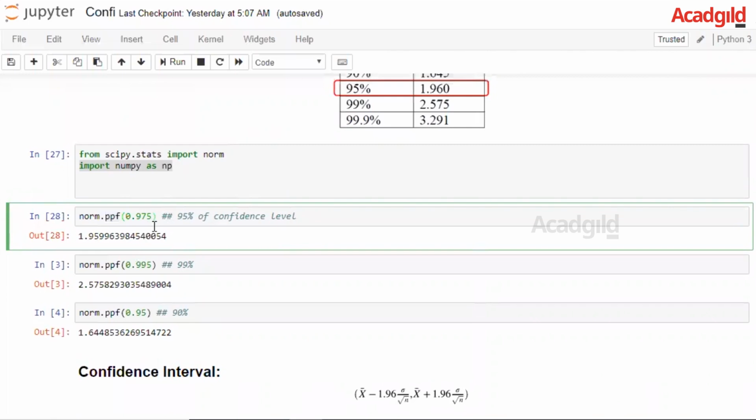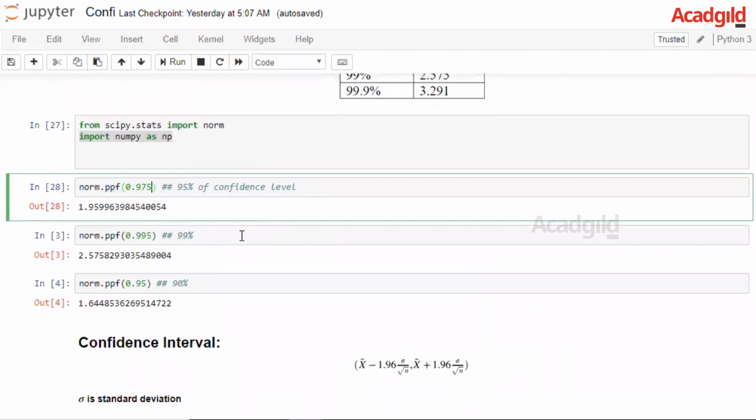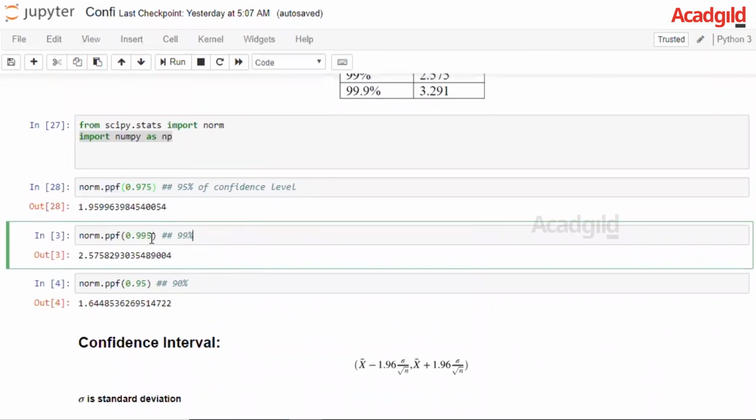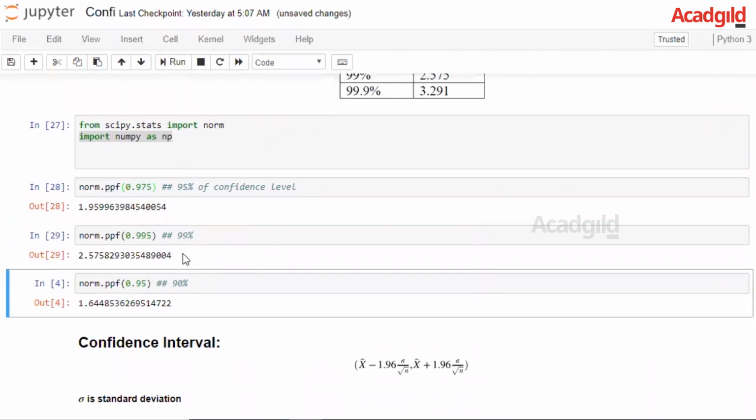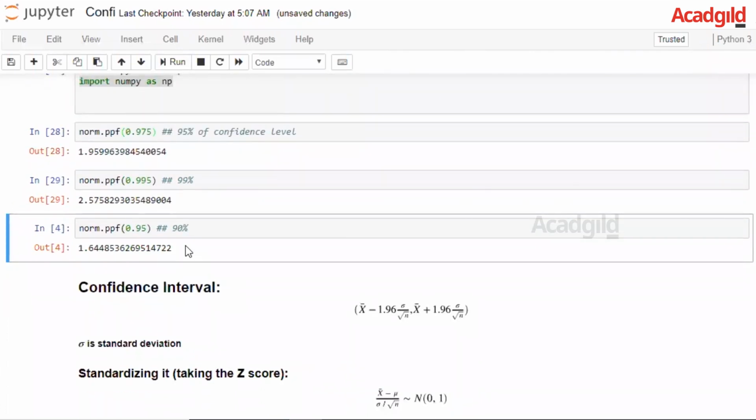We always consider 1 minus the percentage divided by 2, and we add this value to find the critical value for the respective confidence level. For 99%, as you can see, it is 0.995. This gives us the Z critical value for 99%, and for 90% we considered 0.95.